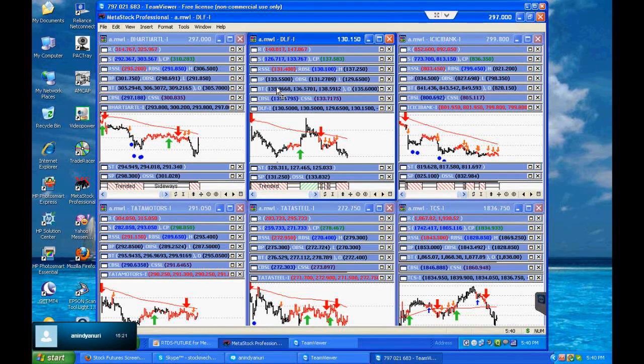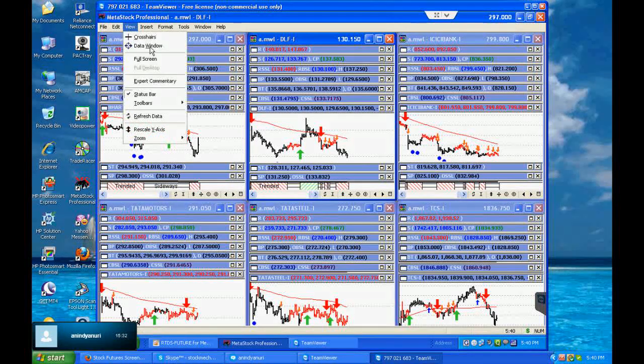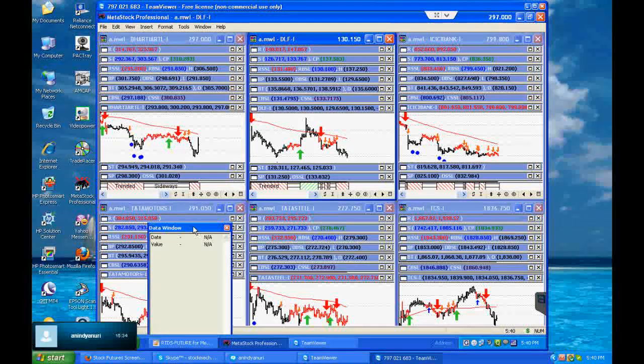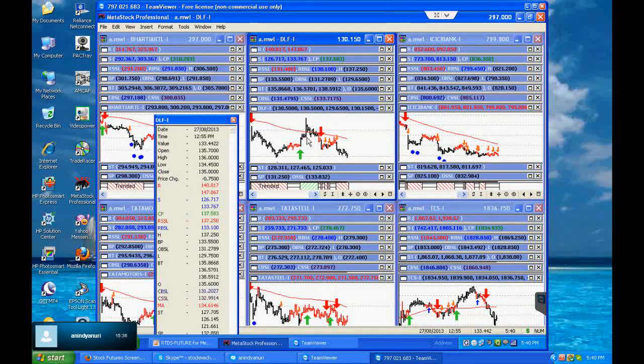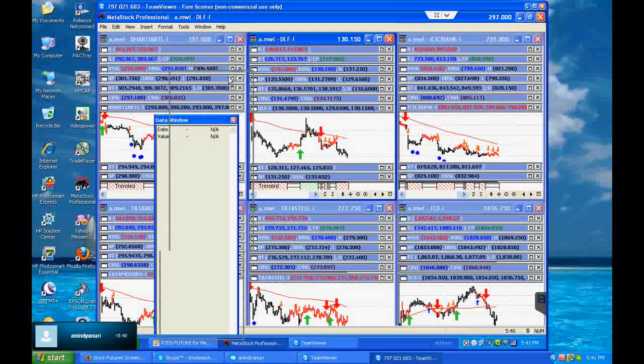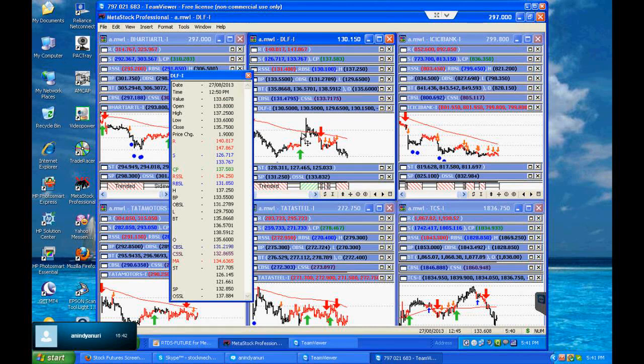Now suppose by chance you have not done it, so after the high was made and you have not exited, then whatever the RBSL is at that time, you can maintain that as a tight stop loss. I have opened the data window on the side, because the old data you will not see now. I kept my mouse on the highest bar of 137.25 of the 5 minutes, and on the left-hand side you might have seen a data window box opening up.